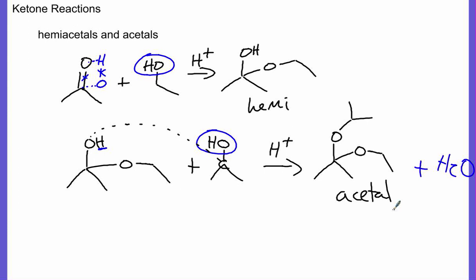A lot of times with my hemiacetal and acetal type reactions, I really do like to give you an acetal to start with. So maybe you'd get something like this, and I'd ask you, okay, break that up into the pieces that it was made from.